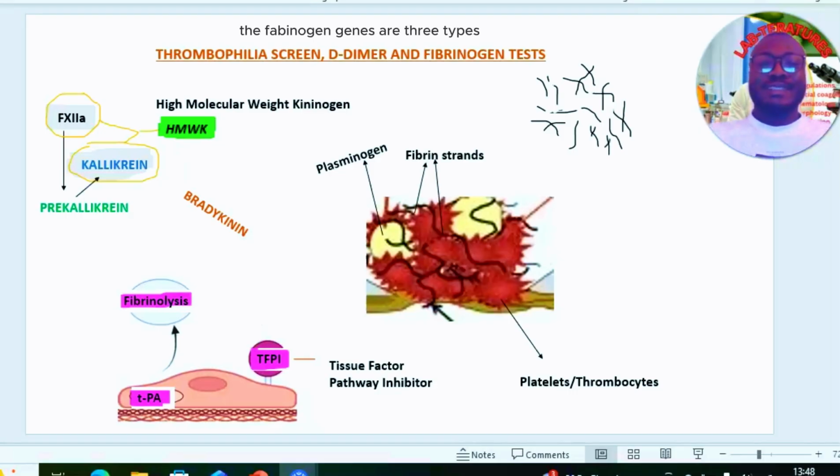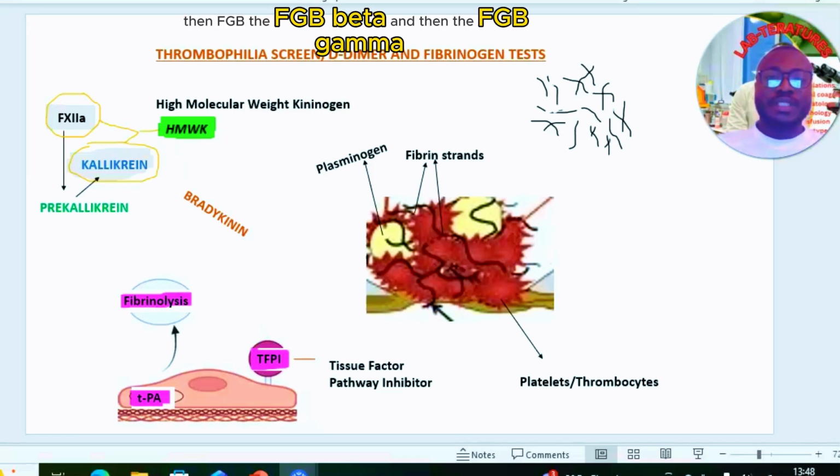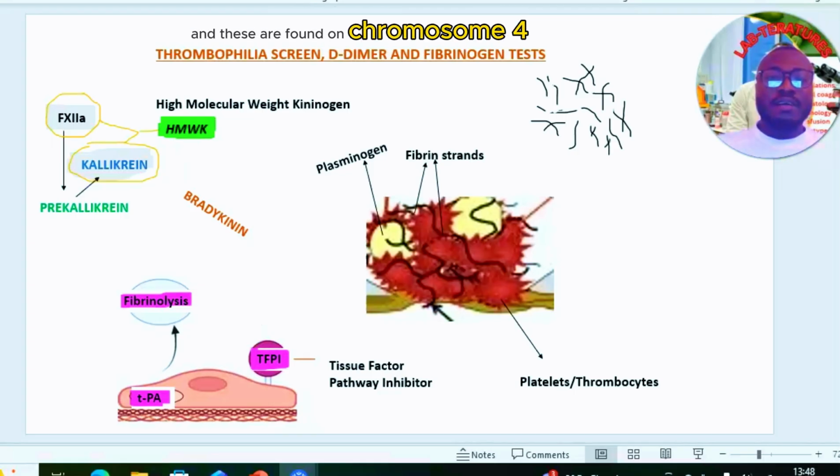The fibrinogen genes are of three types. It is the FGA, which is FG alpha, then FGB, the FG beta, and then the FG gamma, and these are found on chromosome 4. They are produced as genes, and these genes are translated, and the proteins that come out of it are assembled within the liver.